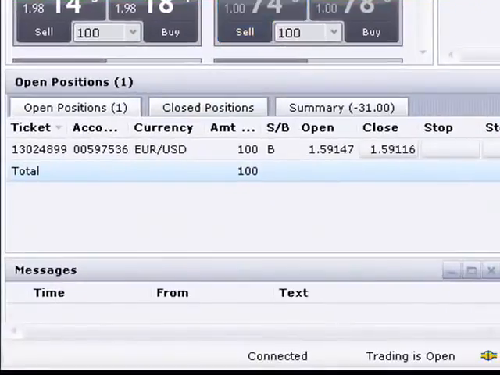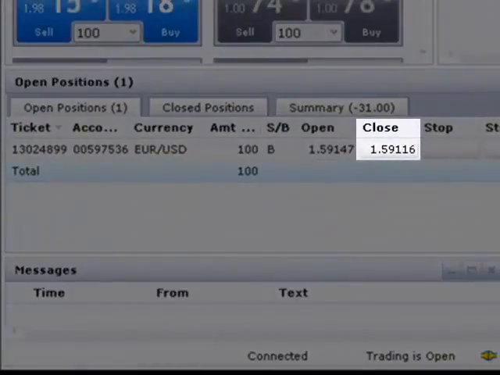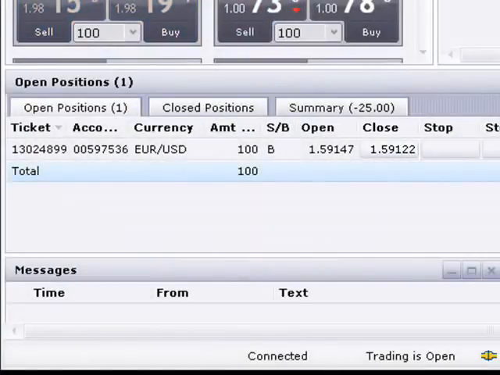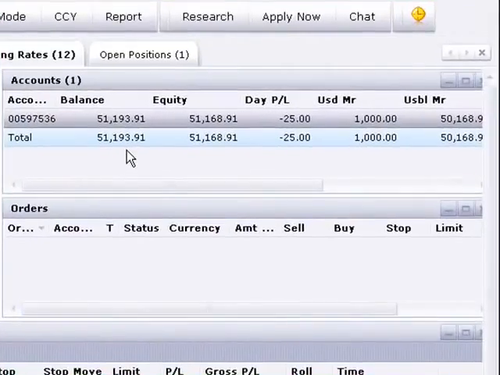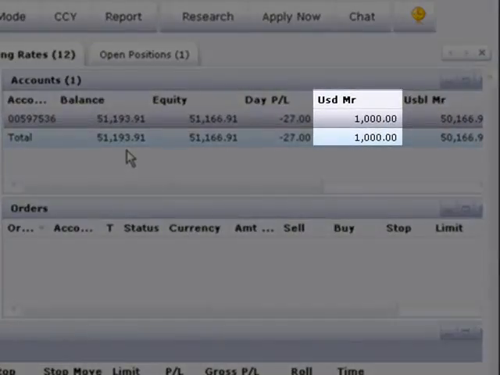If you have multiple positions open, go ahead and close out the additional positions by clicking on the close rate in the close column beside those positions so that you have only one position of one contract open. Once you do this, you should see the amount in the used margin column at $1,000.